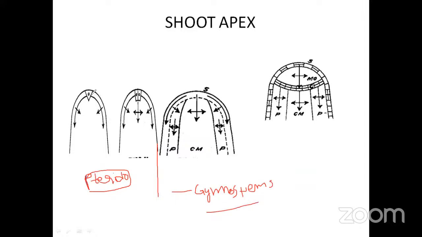Most probably in pteridophytes, apical cells are involved in the formation of all the tissues. One apical cell, a single cell with a tetrahedral shape, with three faces, one, two, and the backside three, is involved in the formation of three regions from a single cell: epidermis region, cortex region, and stele region. And in some pteridophyta, a group of cells is also involved.